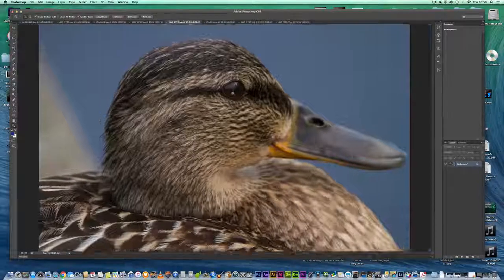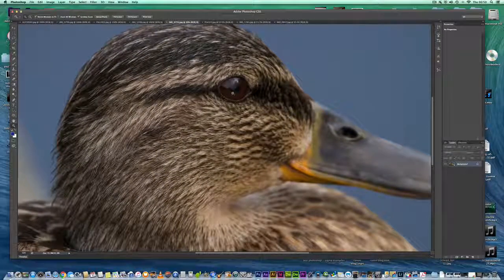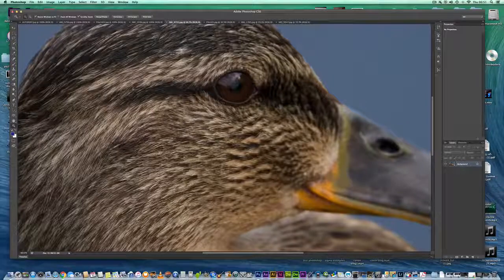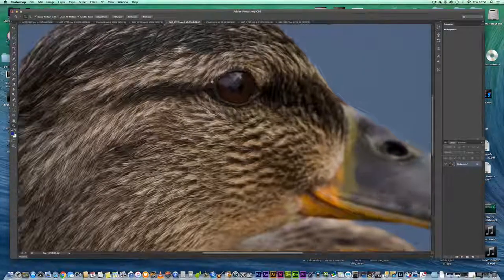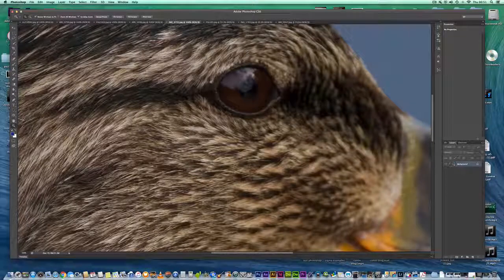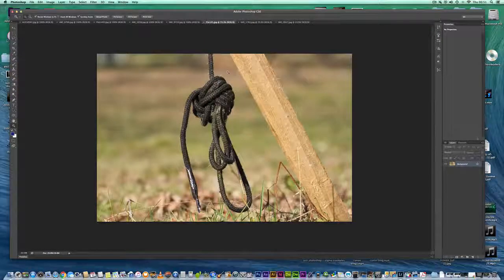Right, let's zoom in. 50%. It's a very good picture, this. I think the focus could have been better because it's here when it needs to be on the eye. 100%, and it's okay.